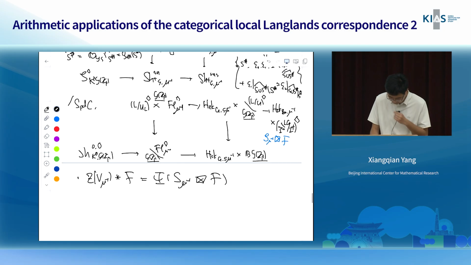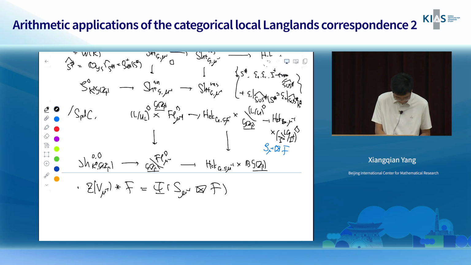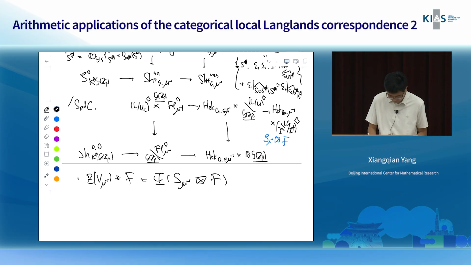And so what we need to show is that we have something here, and take a nearby cycle, and then pull, push, pull. It equals: you first have something here, and pull, push, pull, and then take a nearby cycle. So essentially, this is a commutation of nearby cycles. And if you check this, this map is some kind of pro-unipotent map, so pullback along it commutes with nearby cycle.